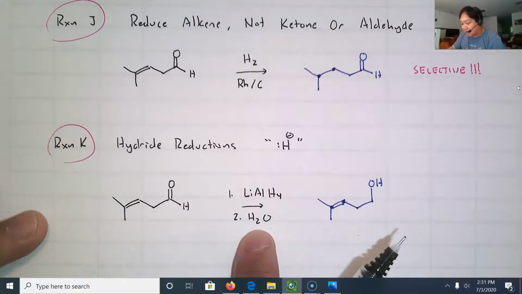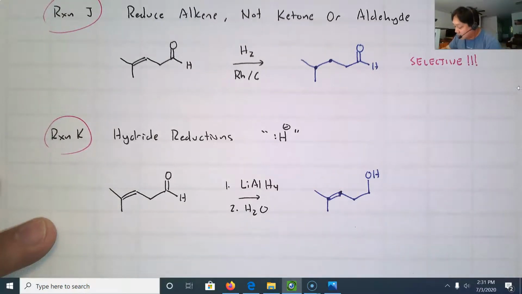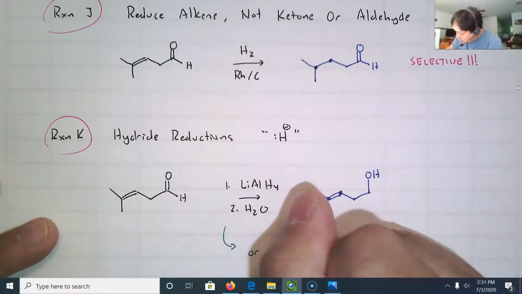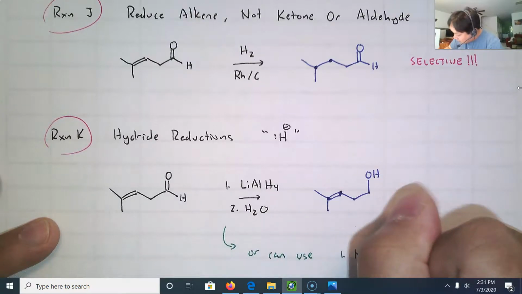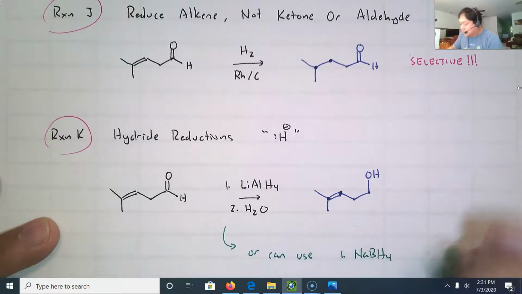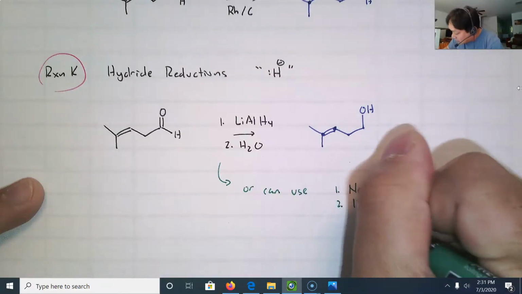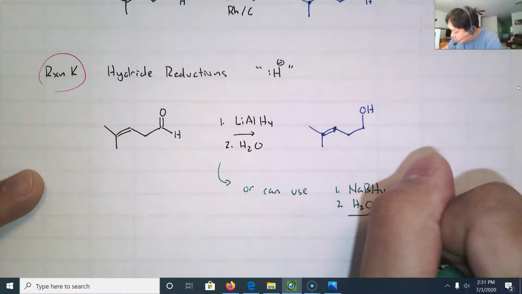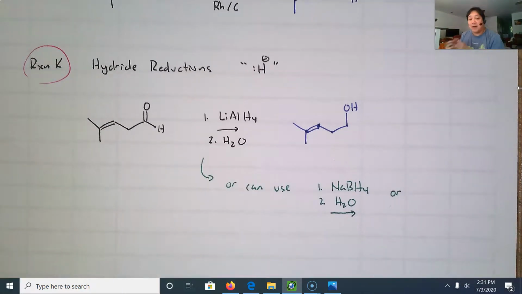Now, there are other reagents to do hydride reductions. Let me put that here. Sodium borohydride, and the second step, water. Now, sodium borohydride is a little less volatile.